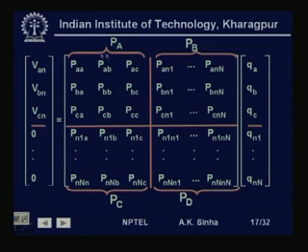And see, P a is relating the phase conductors, P b is relating the phase conductors with the charges on the ground conductors, P c is relating the voltage on the neutral conductors with respect to the charges on the phase conductors, and P d is relating the voltage on the neutral conductors with respect to the charges on the neutral conductors.